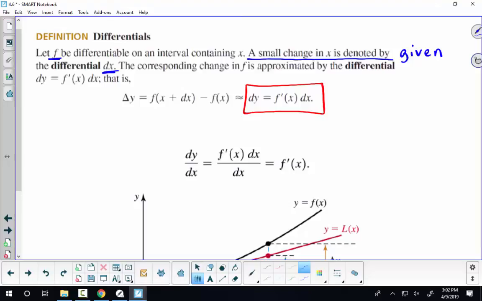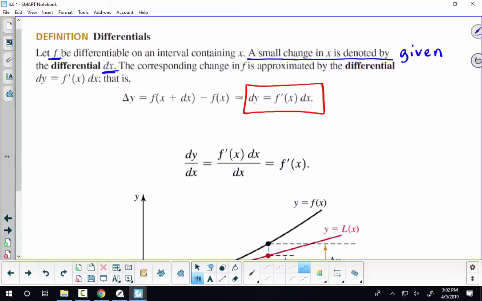And so what it says is, if I've got a function, and I want to know if I change my inputs by a small amount, how much does that affect the output? So like maybe I have a function that describes the volume of a sphere, right? And I want to think about maybe if I change the input from 0 to 0.1, how much does that actually affect the volume of the sphere?